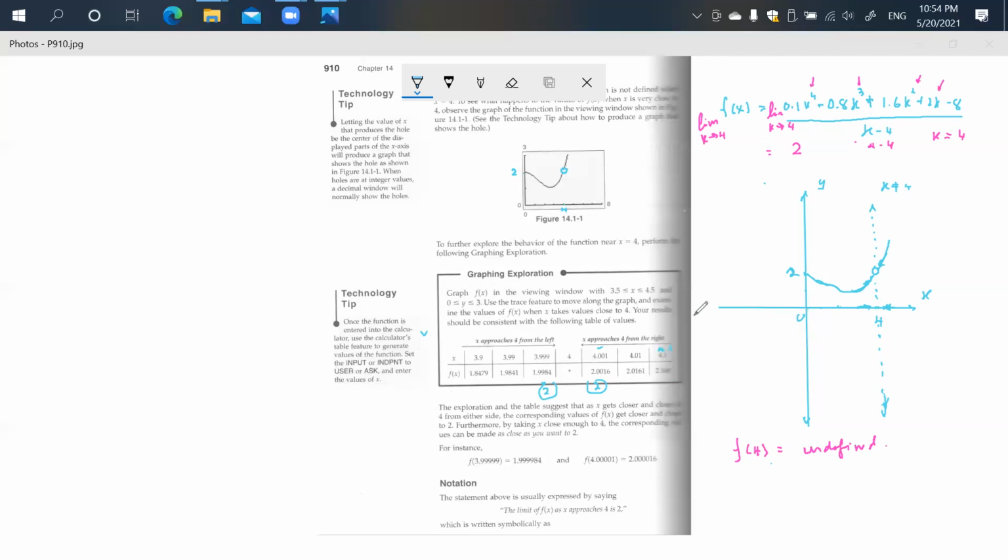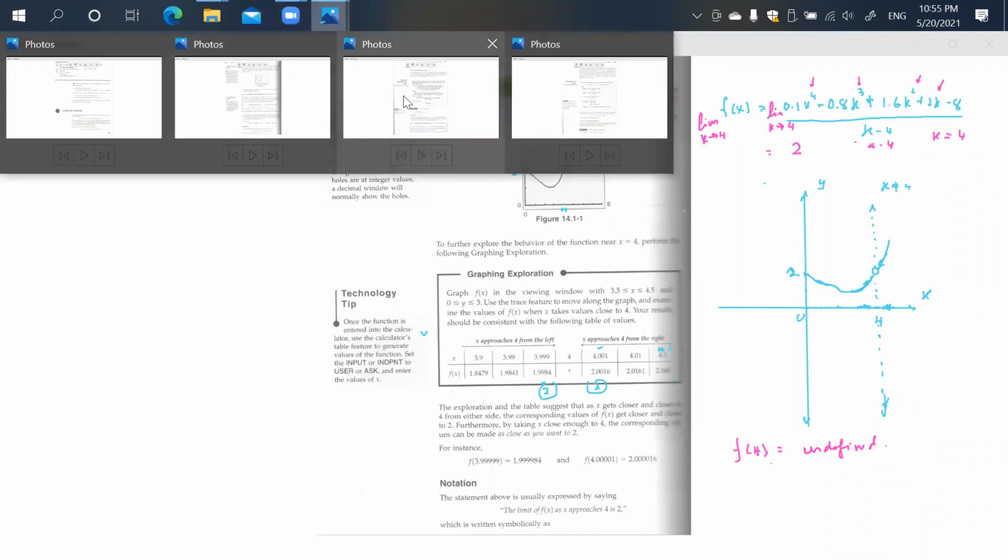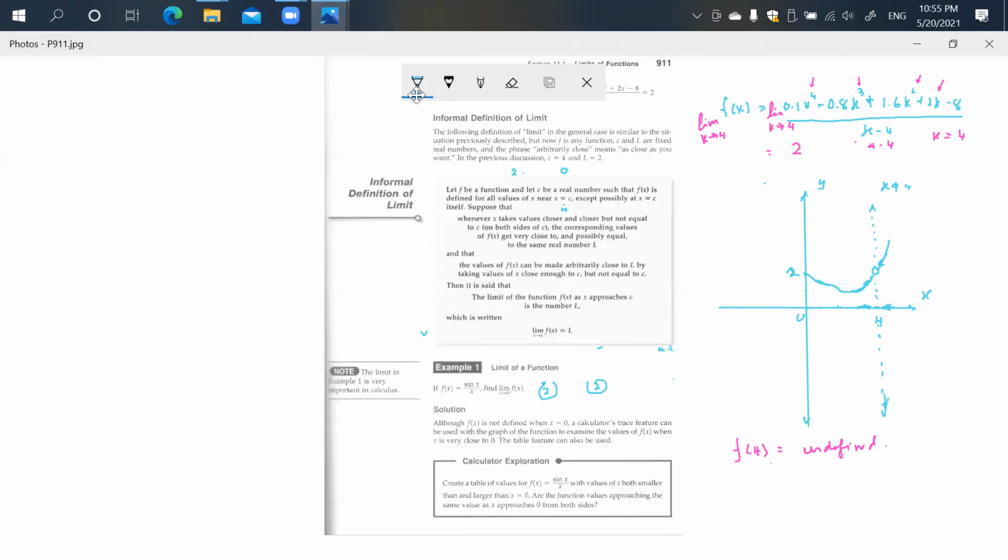After this one, I would like to go to the properties of limit first. Before that, once we have this, we're going to know the definition of limit.